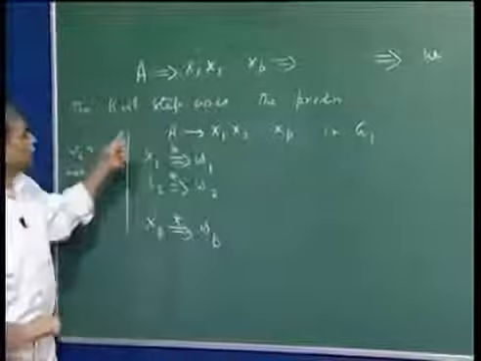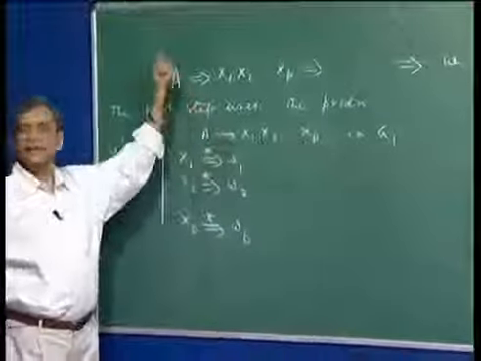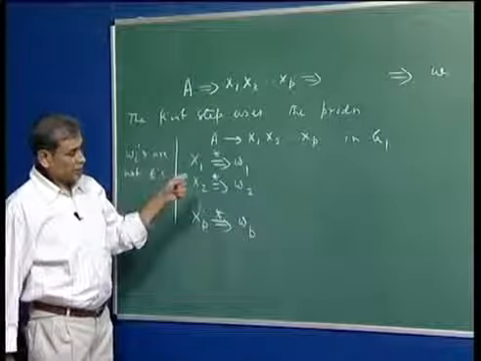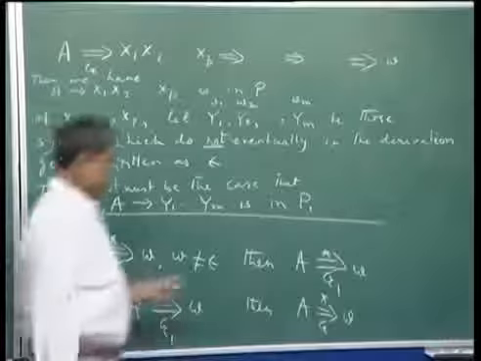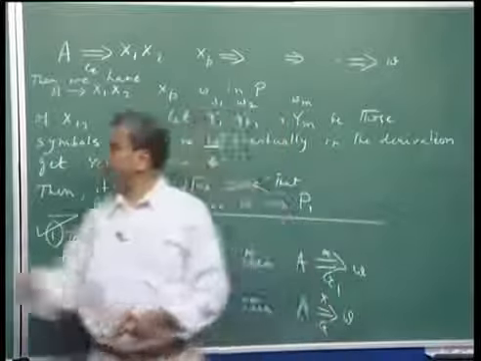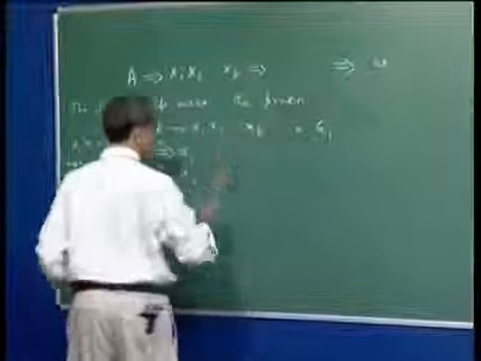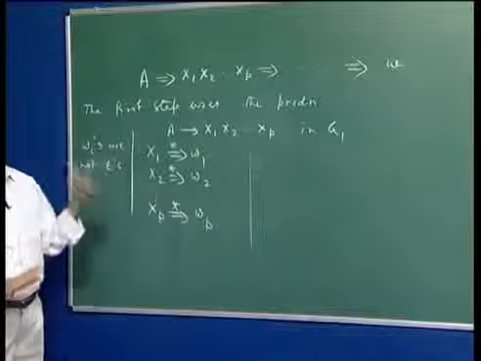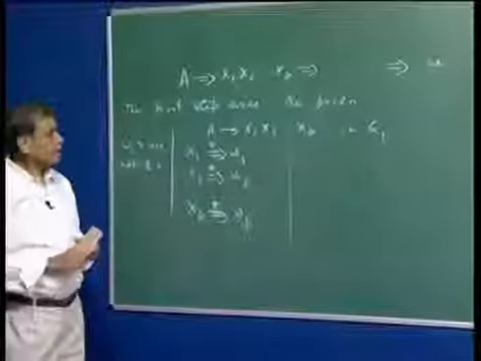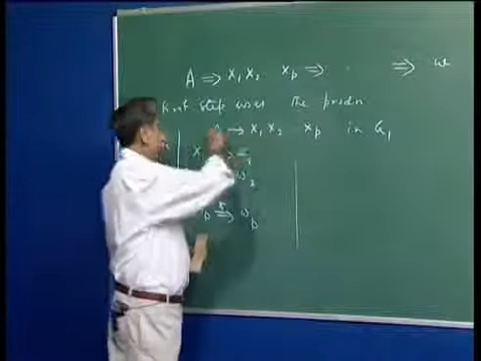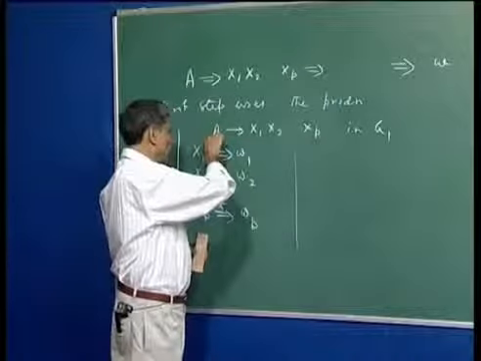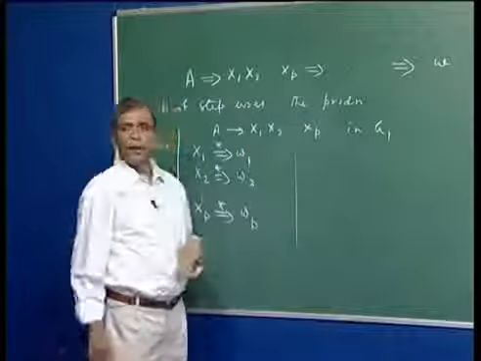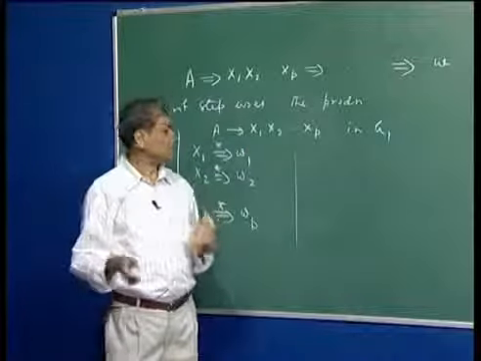Now it could be that the same production is there in G, so then we have no issue. We show this in G, we use that same production to come to this point and then use the induction hypothesis. But what might happen is that the production that you are using came from a larger production with A on the left hand side, and on the right hand side there were some more symbols which were removed because they are nullable symbols.